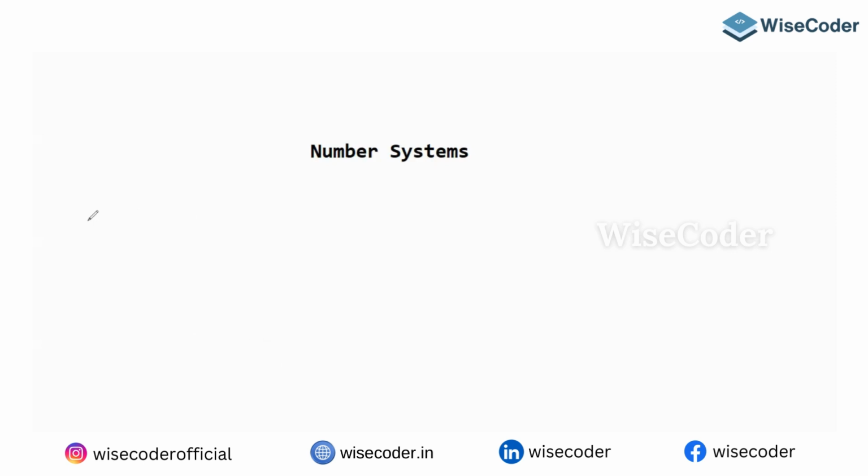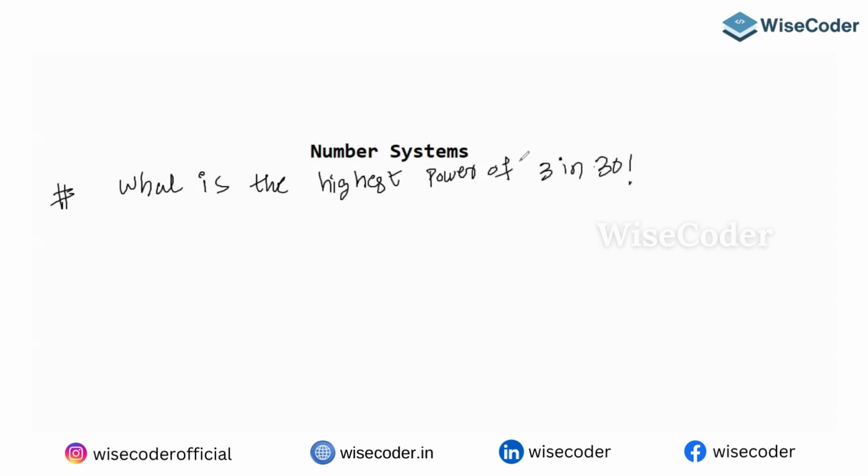Let's say the question is like this: what is the highest power of 3 in 30 factorial?